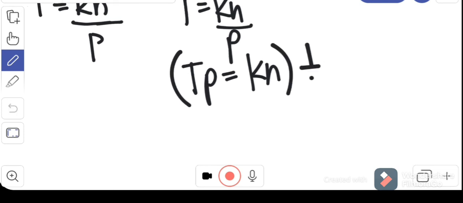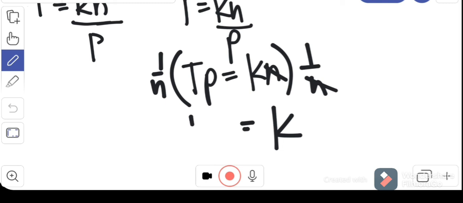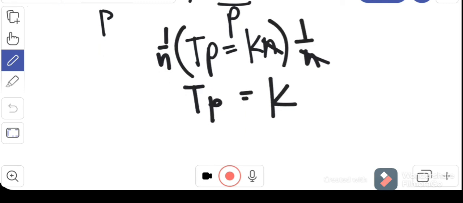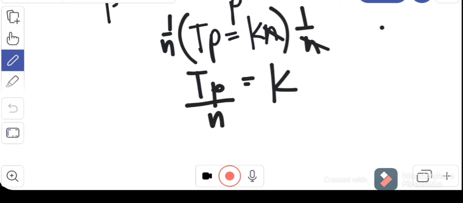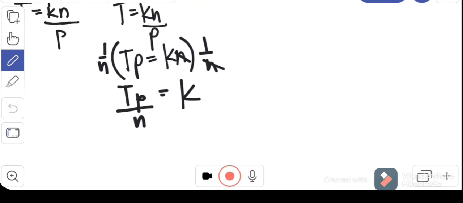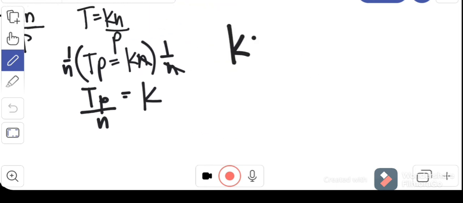Multiply both sides by 1 over n. K is equal to Tp over n. Or we can rewrite K is equal to Tp over n.